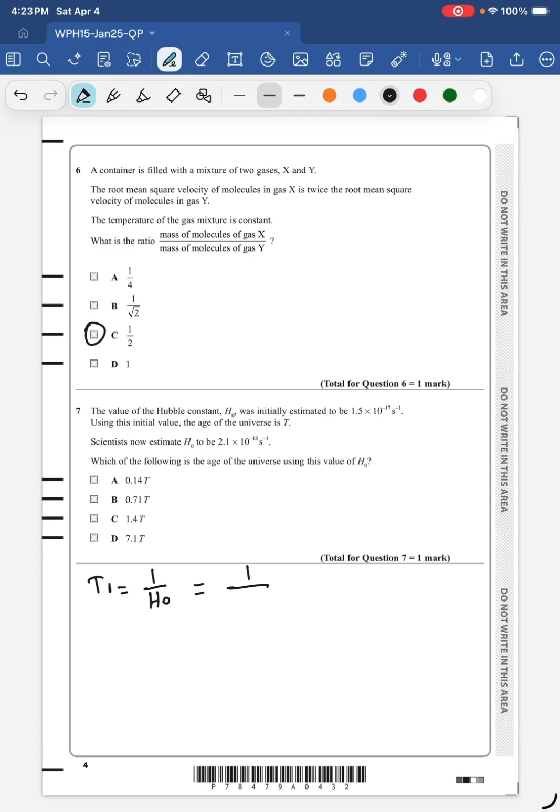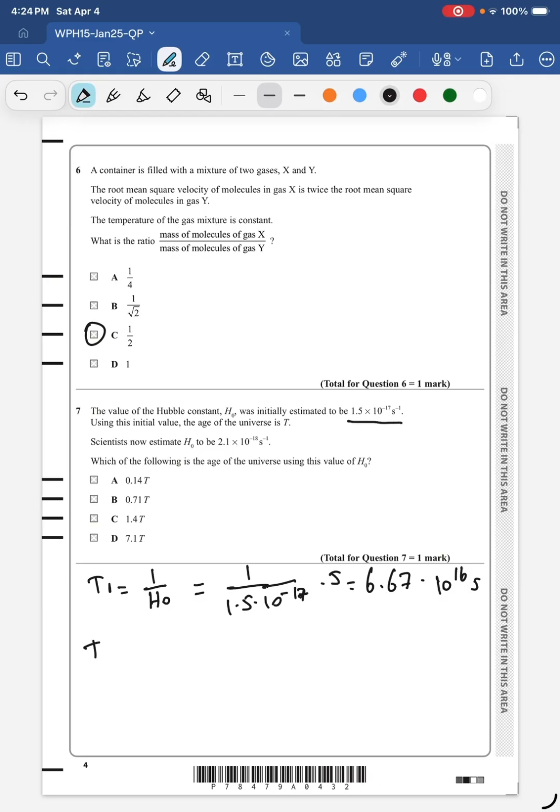So it's 1 over 1.5 times 10 to the negative 17, and this is in seconds. And if we carry out the calculation, we'll find 6.67 times 10 to the 16 seconds. So this is the age of the universe as determined using this Hubble constant.